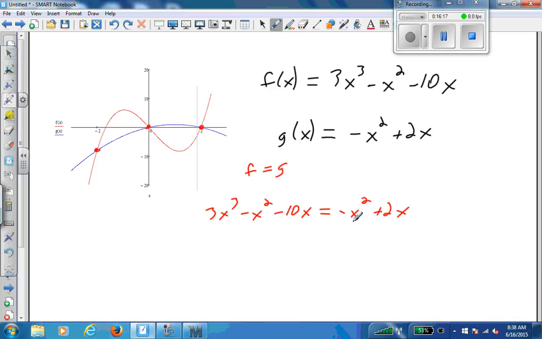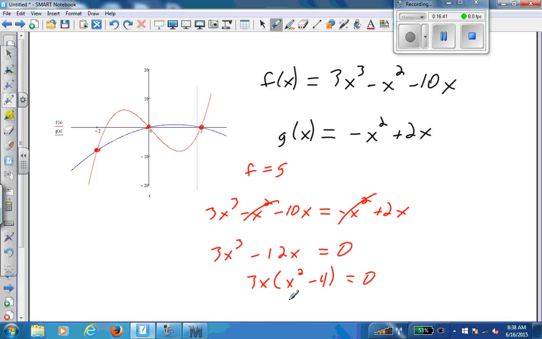We need to get it equal to 0, so if we add x squared to both sides and subtract 2x, we'll get 3x cubed minus x squared plus x squared would cancel. Minus 10x minus 2x will be minus 12x. Both of those have a 3x in common. We can factor that out.